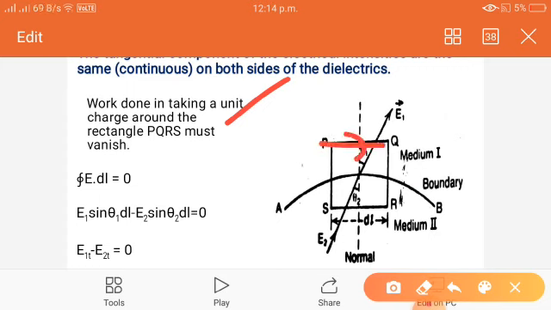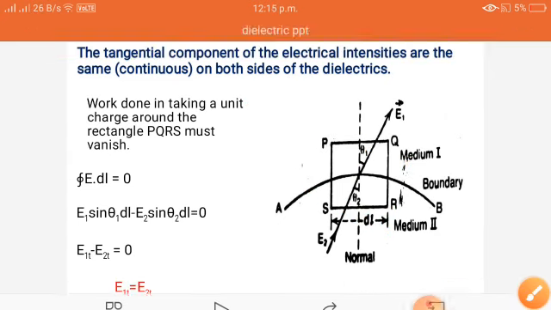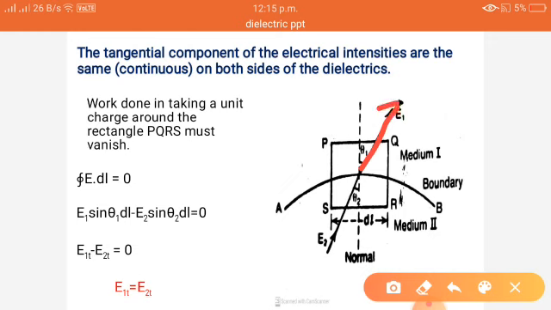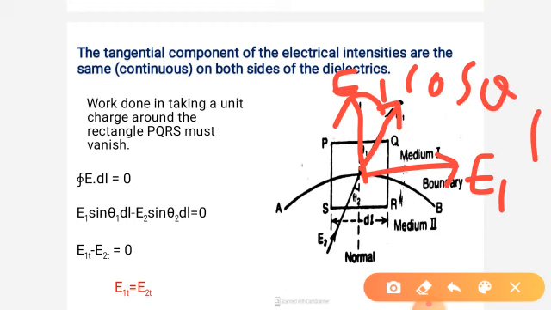Here this is in this direction, this is in this direction. So must vanish. So E1 sin theta 1. Here we take the tangential component. Why? Because E1 is like this, resultant, then it becomes E1 sin theta 1. So this is E1 cos theta 1, this is E1 sin theta 1. Here we take the tangential component.